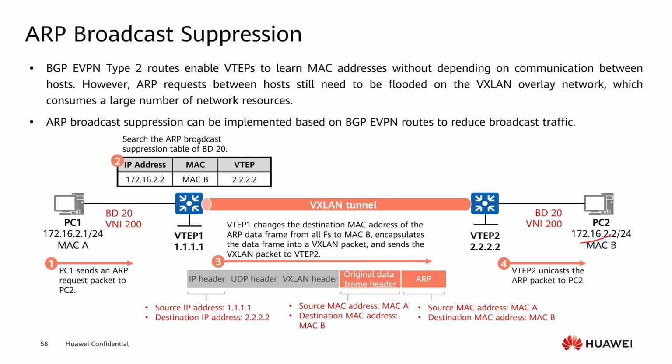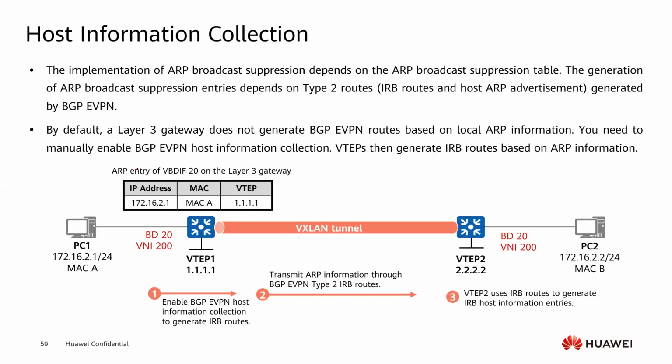This ARP broadcast suppression table is generated by the BGP EVPN routing table. Another thing is host information collection. The implementation of ARP broadcast suppression depends on the ARP broadcast suppression table, and the generation of its entries depends on type 2 routes, which means the ARP routes and host ARP entries generated by EVPN.